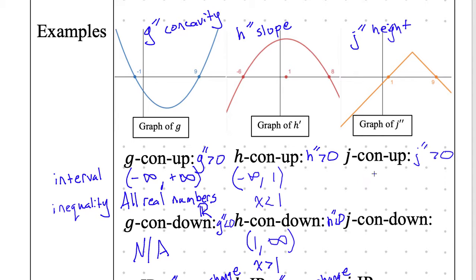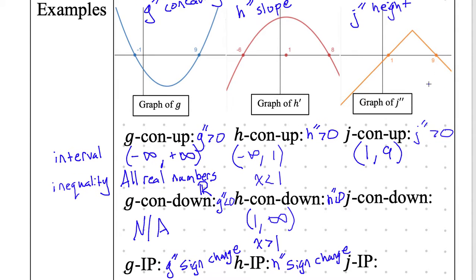Between 1 and 9. Do you include 1? Nope. Do you include 9? Nope. There it is. I don't include 9 because 9 is on the x-axis. I need to be above the x-axis. So everything above the x-axis is concave up.